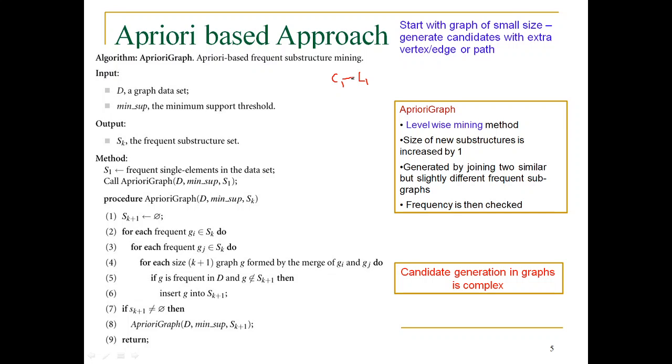Then we join level 1 with level 1 and check whether the candidates satisfy the minimum support. If that minimum support is satisfied, then we generate another set called candidate 2 generation.